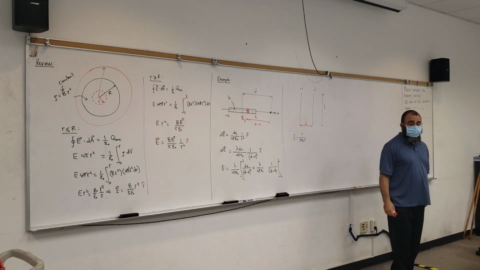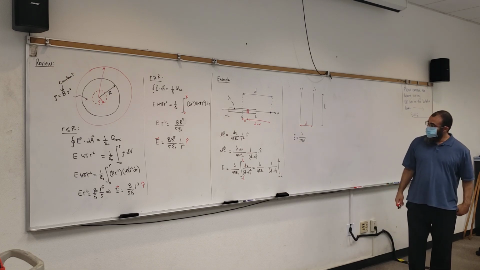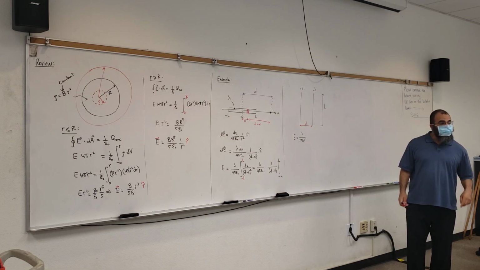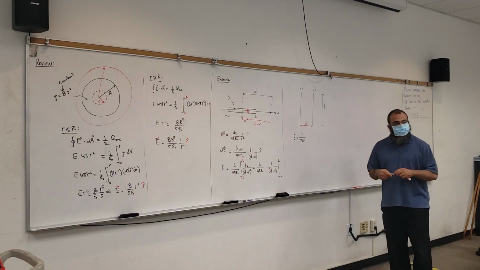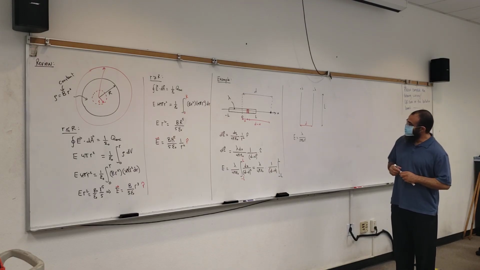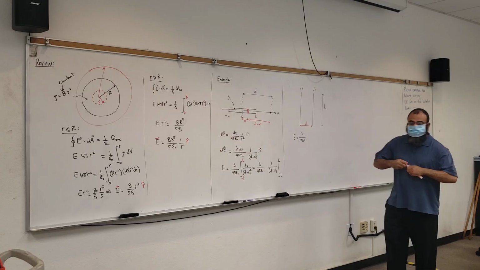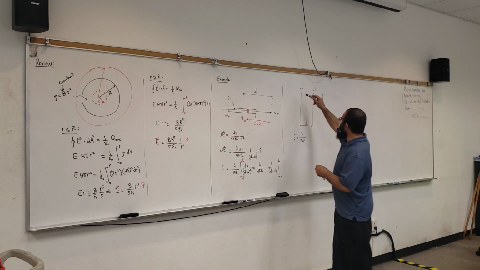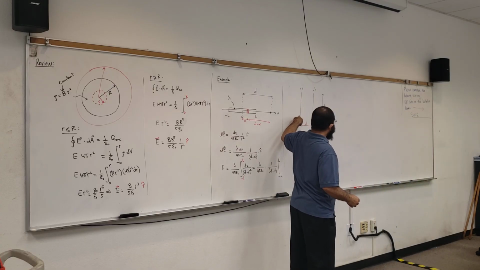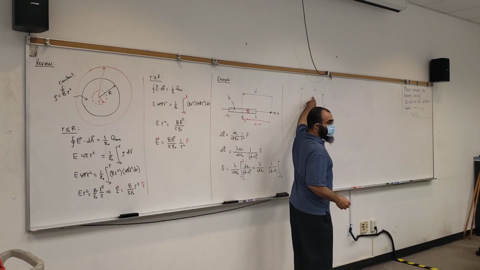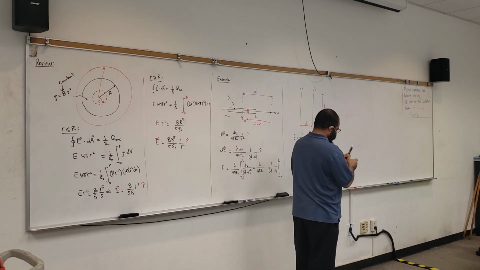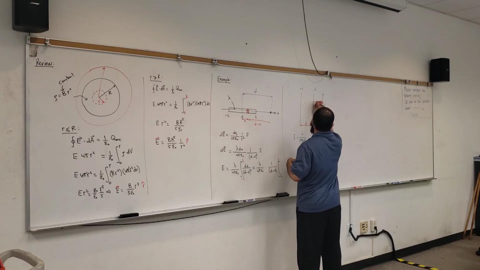Is it positive Q over L times the E? Okay, I like that. So let's imagine we want to find the force that the positive line exerts on the negative line. Let's take a little segment here.